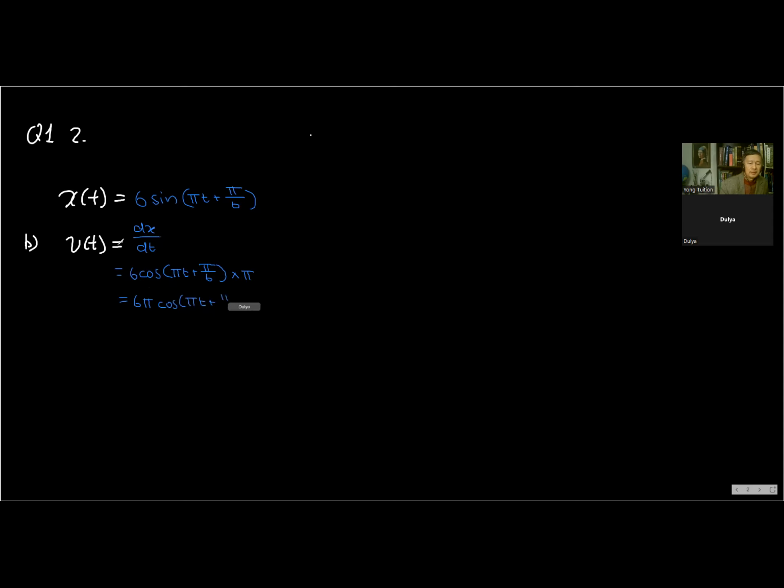Yep. So you can find the first time that the particle is stationary, right? Stationary means velocity equal to 0. So what can you do? A little bit of trigonometry.